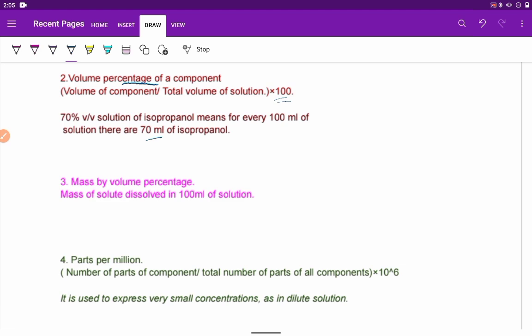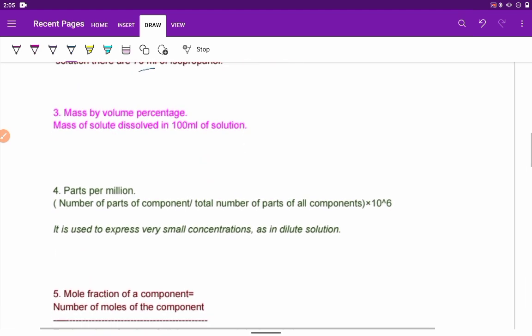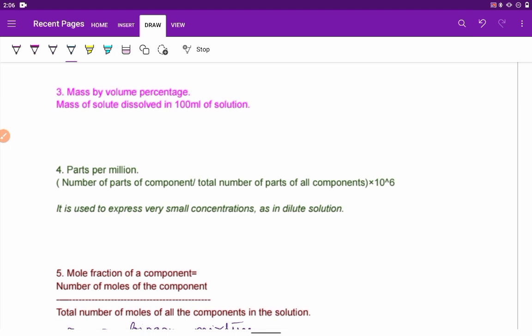Next important, parts per million. Parts per million is number of parts of component divided by total number of parts of all the components of the solution into 10 to the power 6.